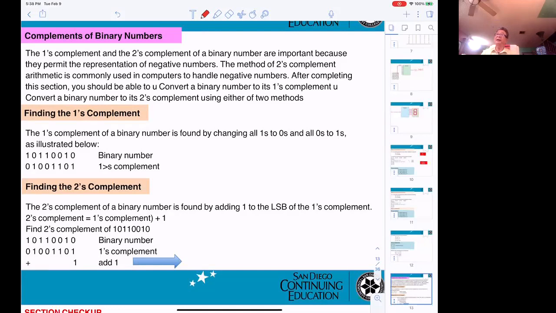Basically, the computer has to deal with either positive numbers or negative numbers, for example plus 5 or minus 5. That means they have to know how to take care of negative numbers also.